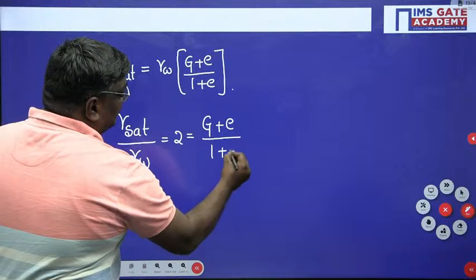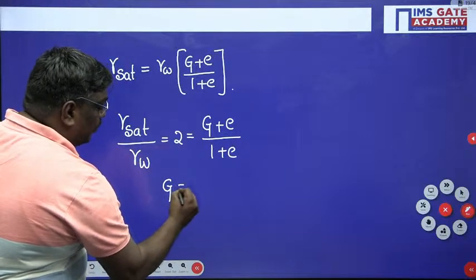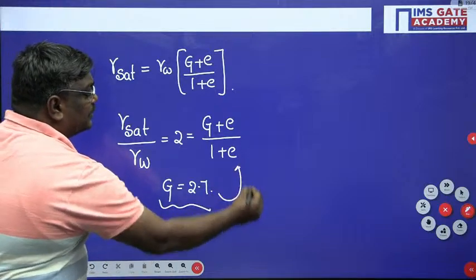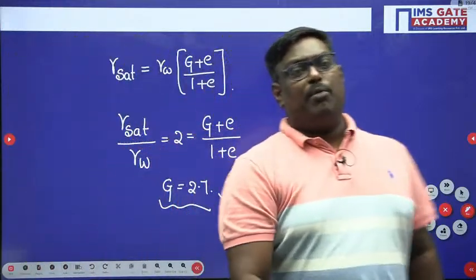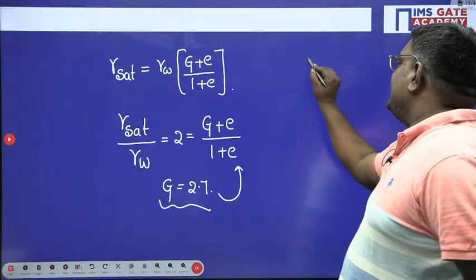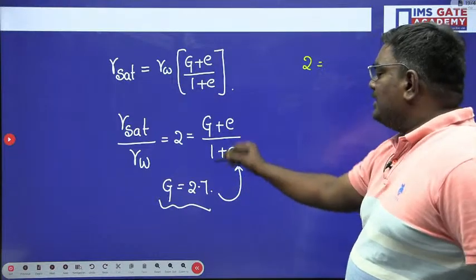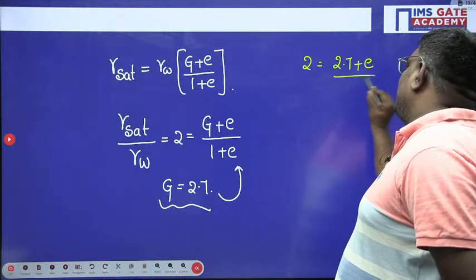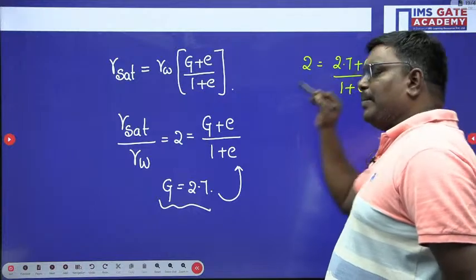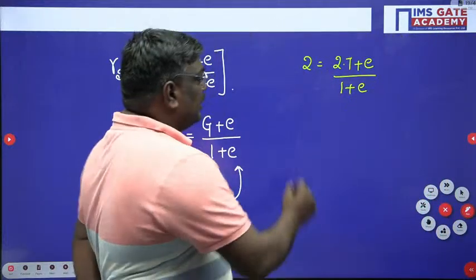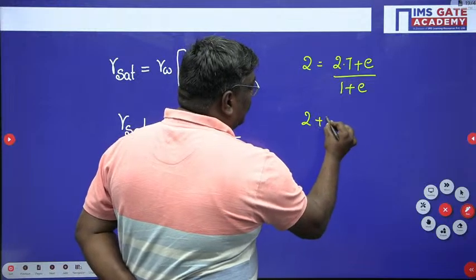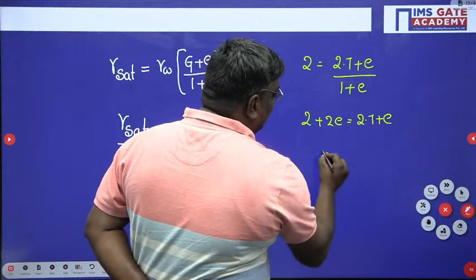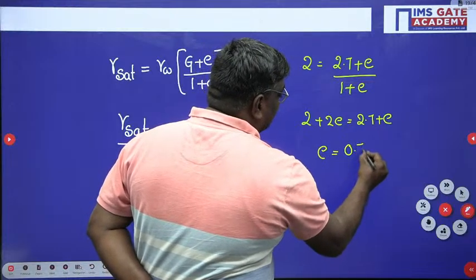In the problem they have given the G value as 2.7. Now plug in this value in the above equation: 2 is equal to (2.7 plus E) upon (1 plus E). On substitution, you will get 2 plus 2E is equal to 2.7 plus E, and here E is equal to 0.7.